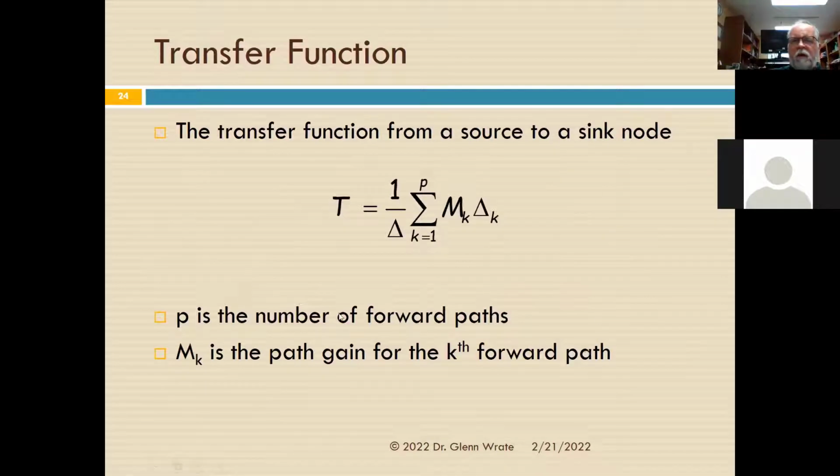Once we've defined all those things, we've got a formula here: 1 over delta, the sum from k equals 1 to the number of paths of the forward path gain times the delta for that forward path.